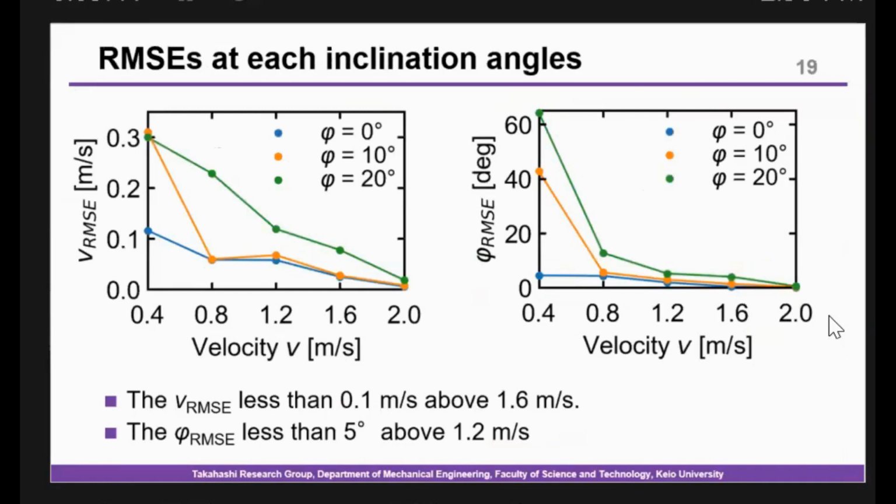At 0.4 meters per second, pressure due to the inclination becomes significant in the measured pressure. The compensation was not adequately performed. However, we can confirm the effect of inclination compensation in the high-speed range.